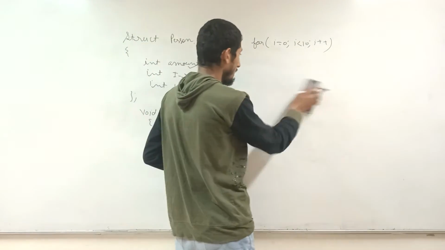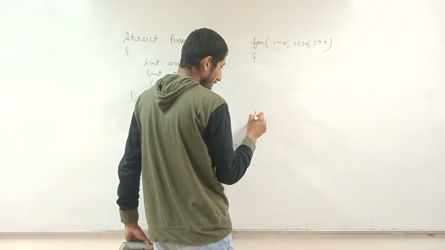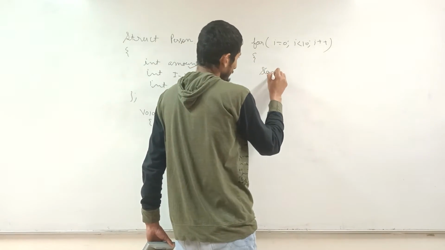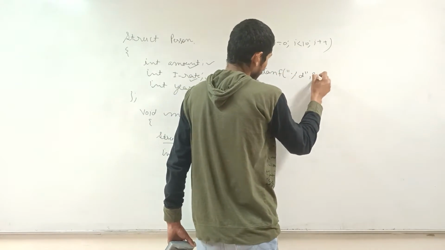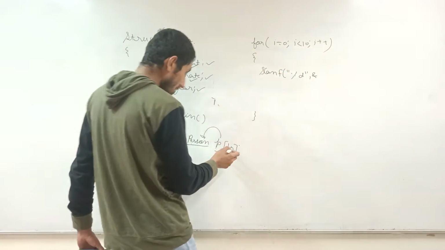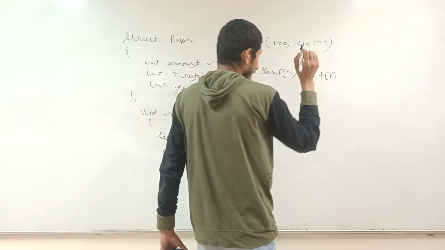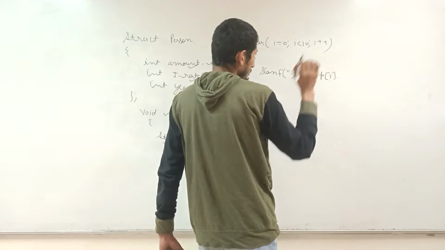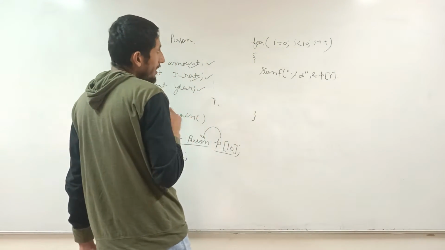Okay. Inside the loop, what can I do? I can put scanf percent d, and what is the first block, that is p0, or more specifically I can write p[i]. The value of i is 0, then the value of i will be incremented to 1 until it goes till 9.